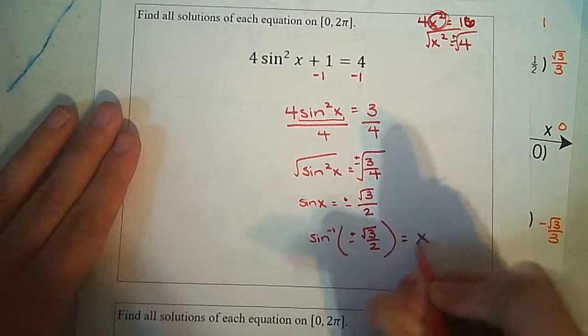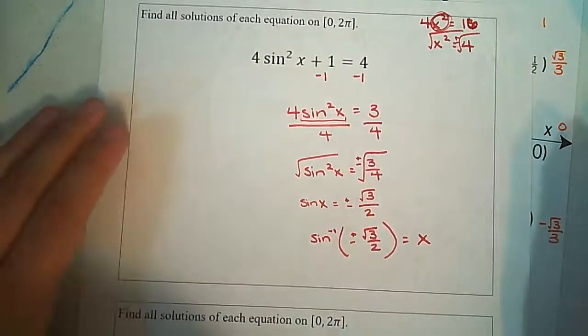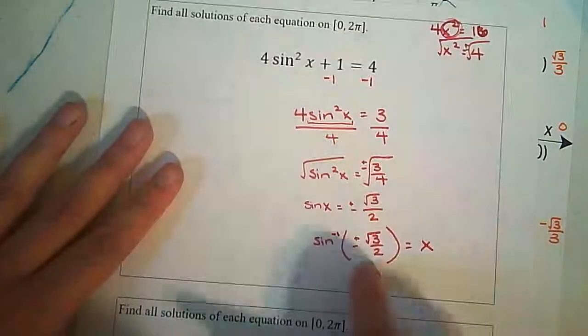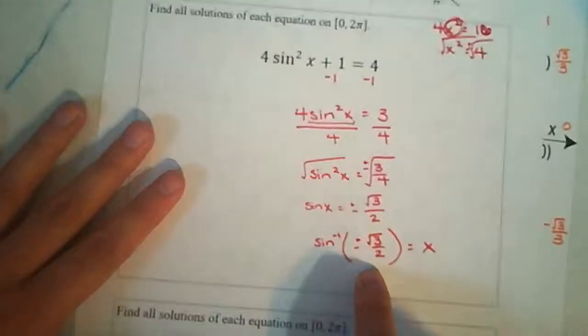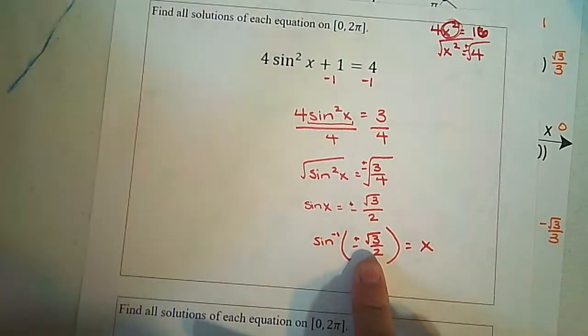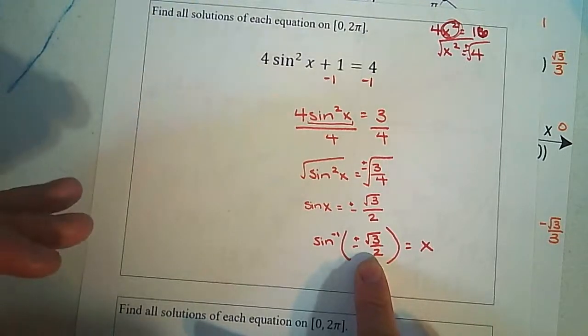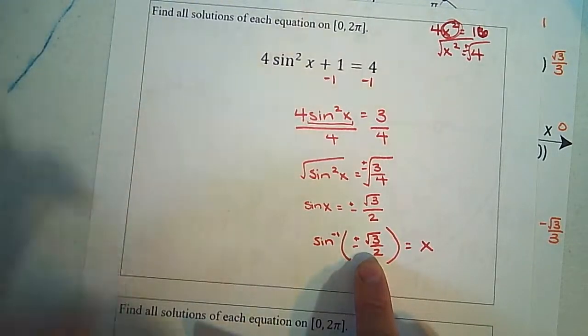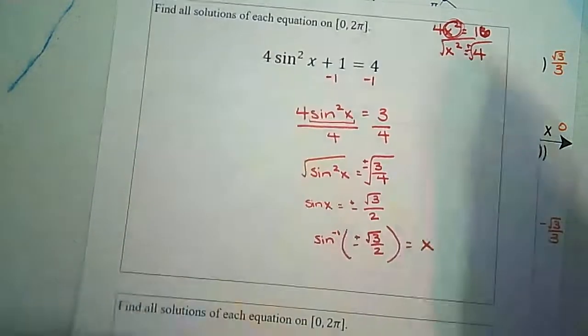So we need to figure out on our unit circle all of the places where sine, and remember sine is our y value, where all of the y values are square root of 3 over 2, or in this case, it could also be negative square root of 3 over 2. So we're actually going to have 4 solutions for this one.